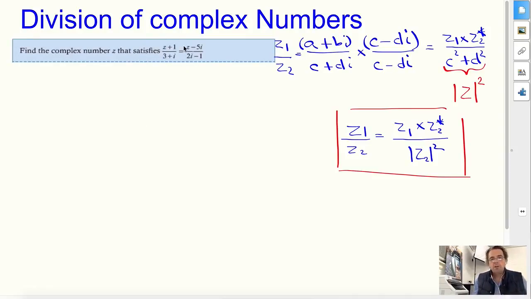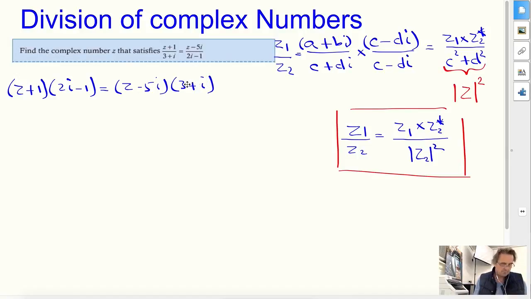To solve this particular question here, let's start with cross multiplying. (z + 1)(2i - 1) equals (z - 5i)(3 + i). And I'm going to expand that.